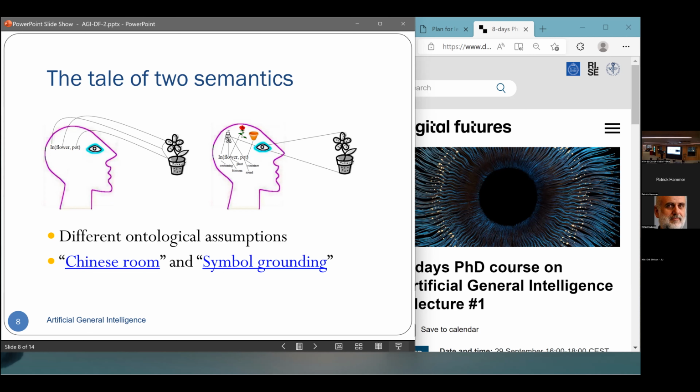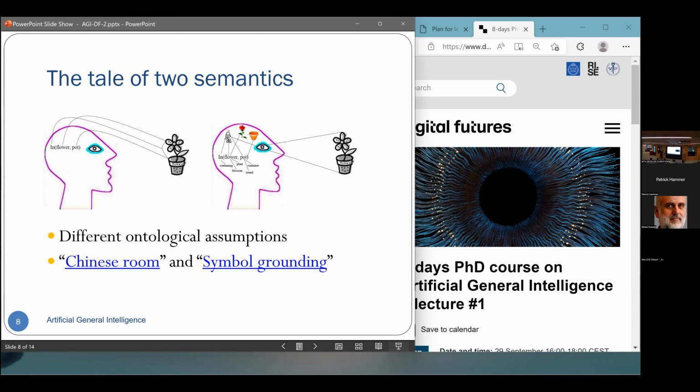For example, I guess many of you are familiar with the Chinese room argument and the symbol grounding problem. We don't have the time for detail, but this is exactly the problem of the traditional picture. If your concepts just refer to objects in the world, how do you know which one is related to which one? To me, that's the core of the Chinese room argument issue.